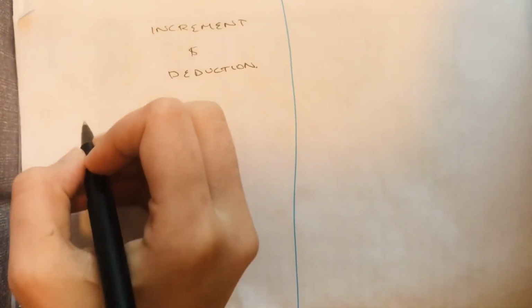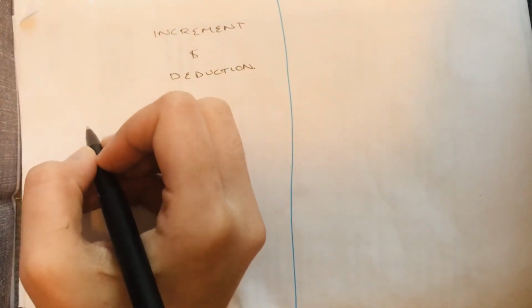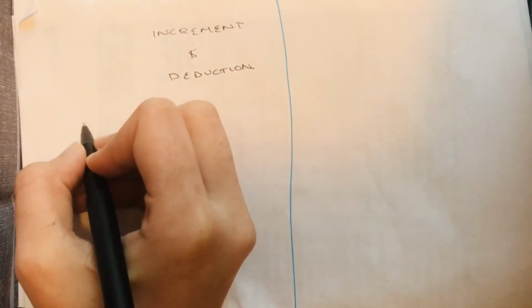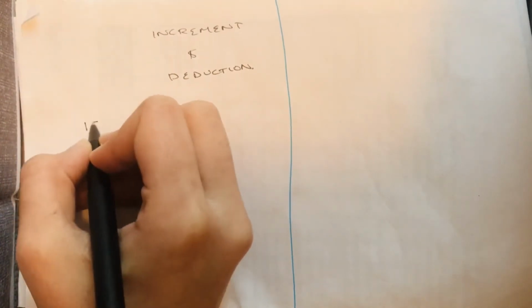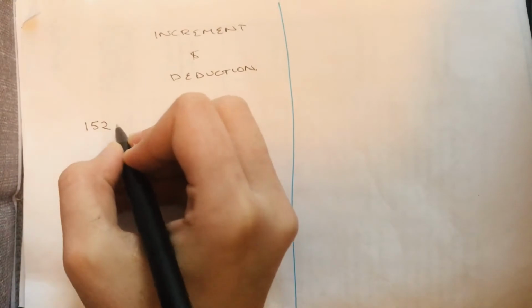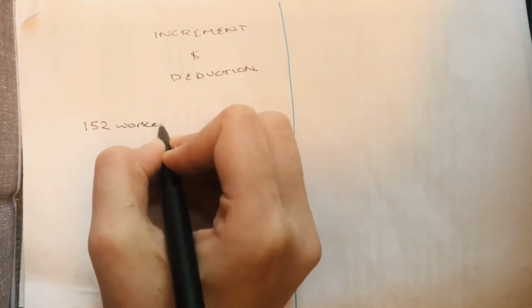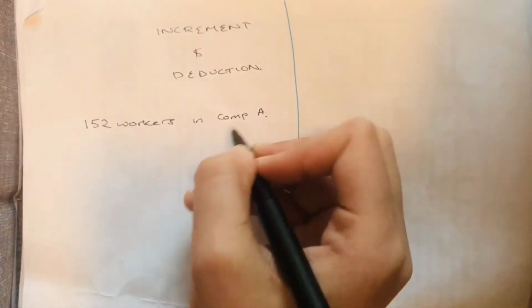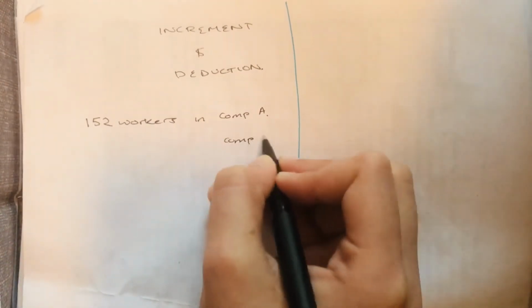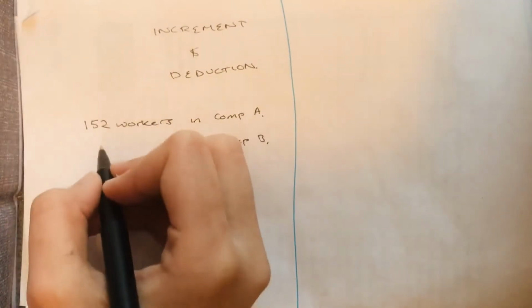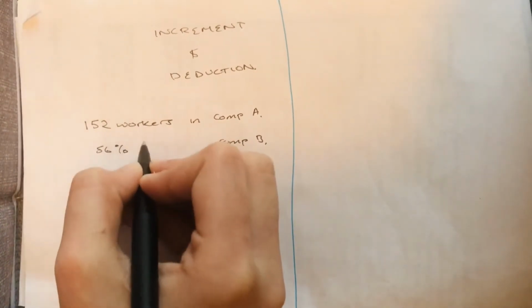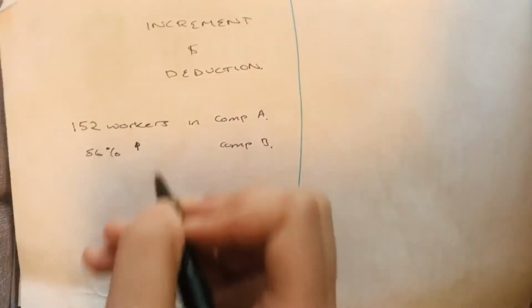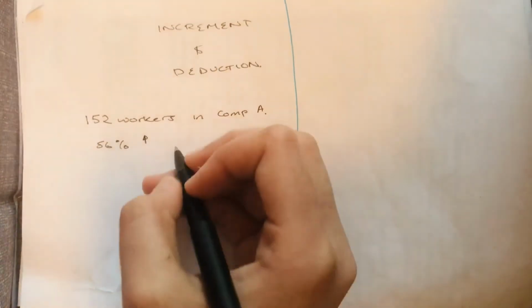Okay, so first, if you've been told that we have 152 workers in company A, and company B has 56% more workers.